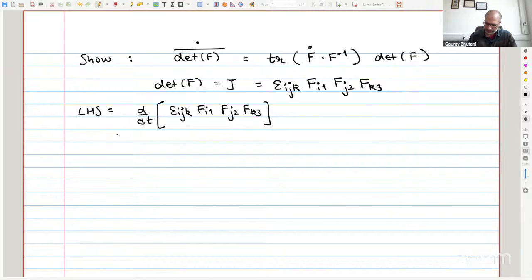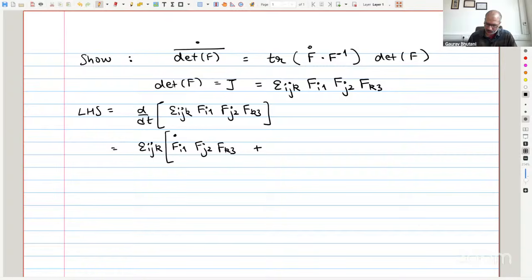So the d by dt actually is, I can apply the product rule here. So this becomes d by dt of this expression, which is actually what we are writing as J dot. So this becomes equal to epsilon ijk times f i1 with a dot on top, and then we have fj2 and fk3.